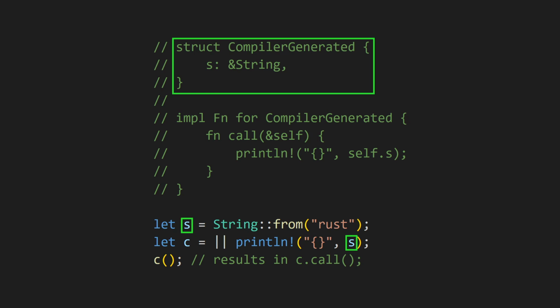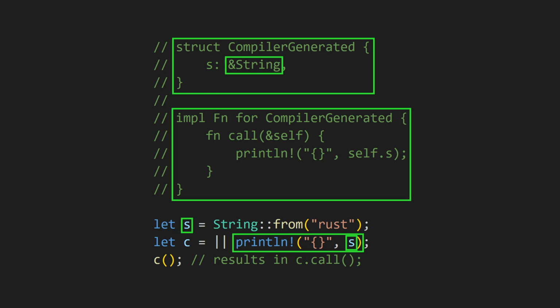In this case, the closure only requires an immutable reference to s, because it's only printing its value. The compiler then implements the Fn trait for the closure, allowing it to be called. The call method only takes an immutable reference to self, because that's the minimum required to satisfy how the captured value is used. The call method implements the closure functionality, accessing the captured value as self.s.